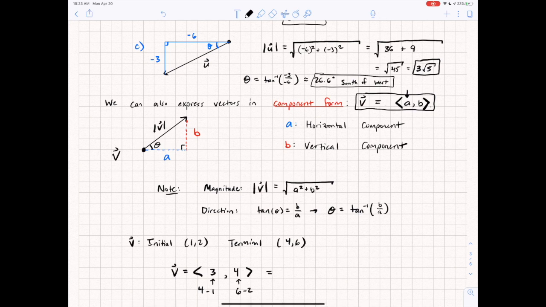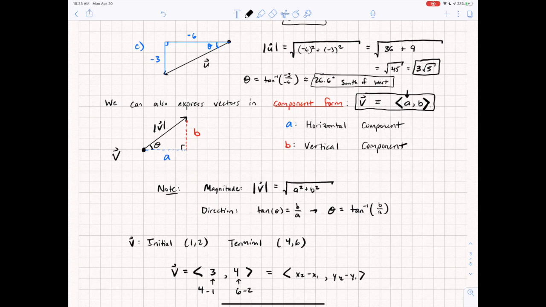So another way to look at the component form is that it is your run, in terms of slope, so your change between your x2 and x1. And then your rise, which would be your change between your y values. This is another formula that you can use specifically when talking about your initial and terminal points.